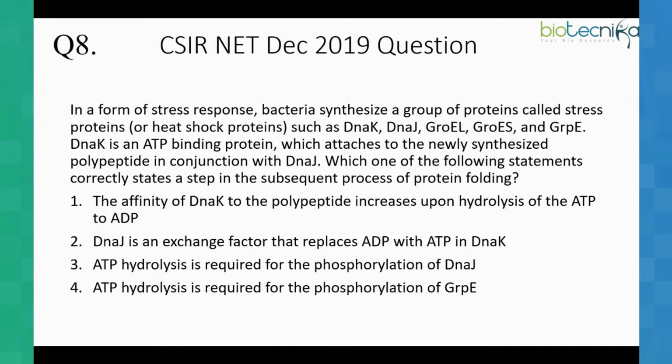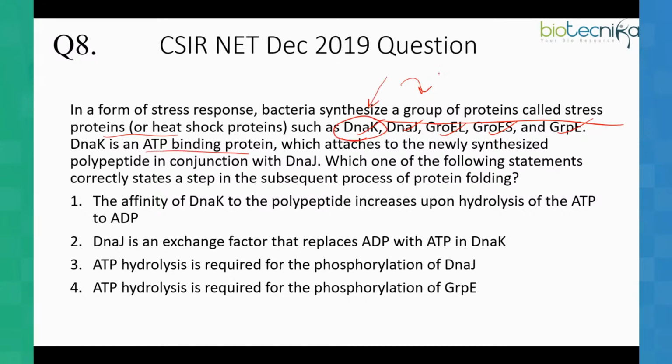In the form of stress response, this is a question on protein folding. The previous one was from protein denaturation and this is from protein folding. Bacteria synthesize a group of proteins called stress proteins or heat shock proteins such as DnaK, DnaJ, GroEL, GroES, and GrpE. Here, DnaK is an ATP binding protein.